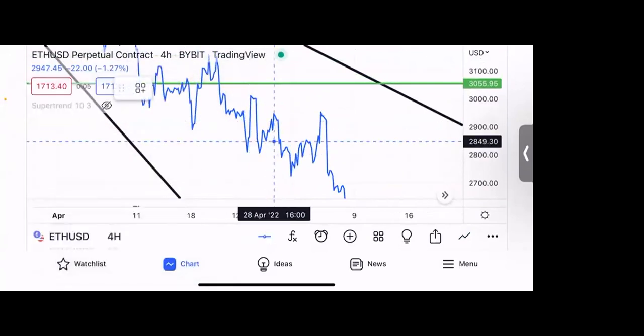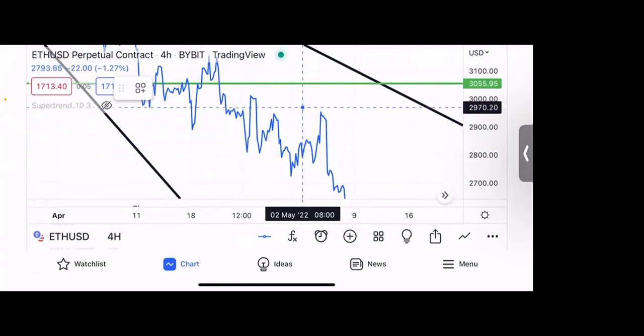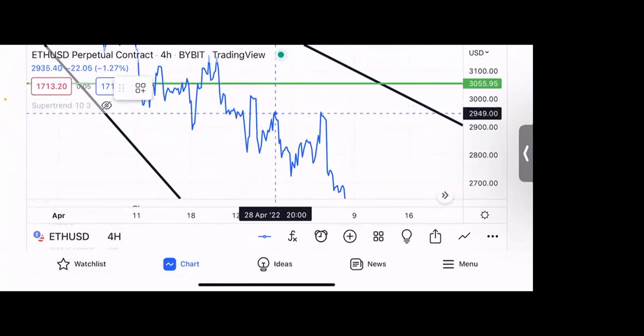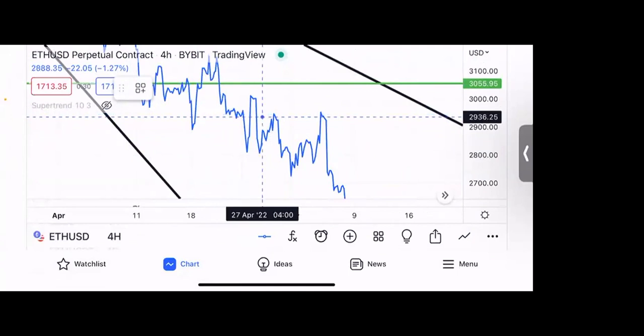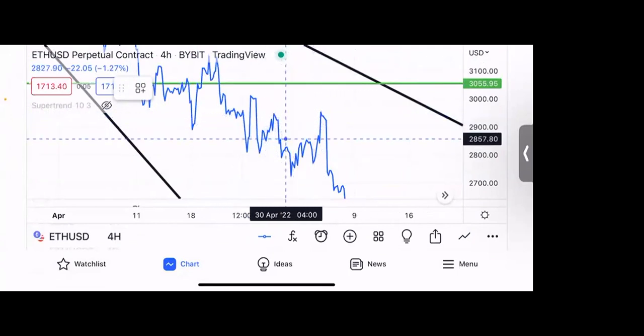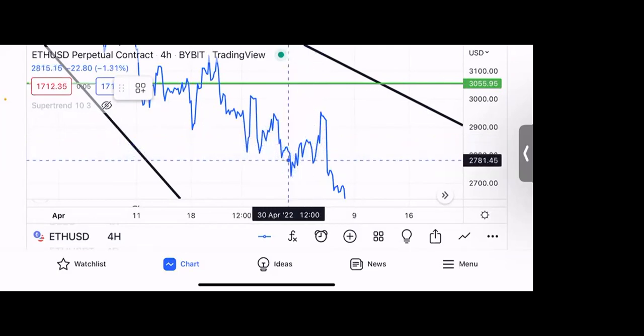Boom. Next touch. Let's look for the touches. 1, 2, 3, but it's very low. It's not here, right? 1, 2, 1. 1. No touches there.